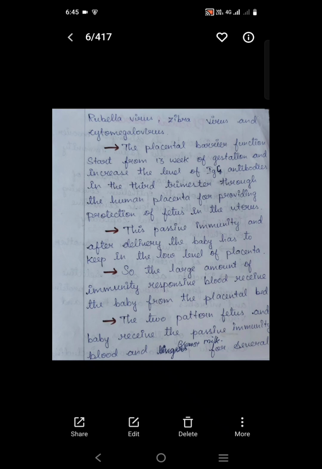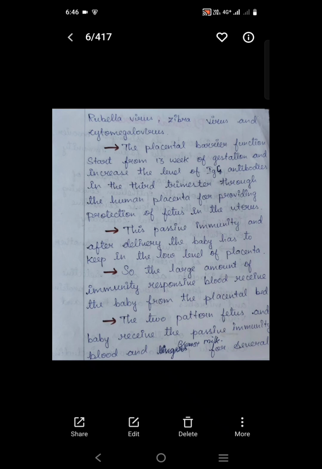Then there is passive immunity after delivery of the baby. The baby is kept at a low level, near the mother's abdomen. At that time the placental blood comes out of the womb and reaches the baby through the umbilical cord.